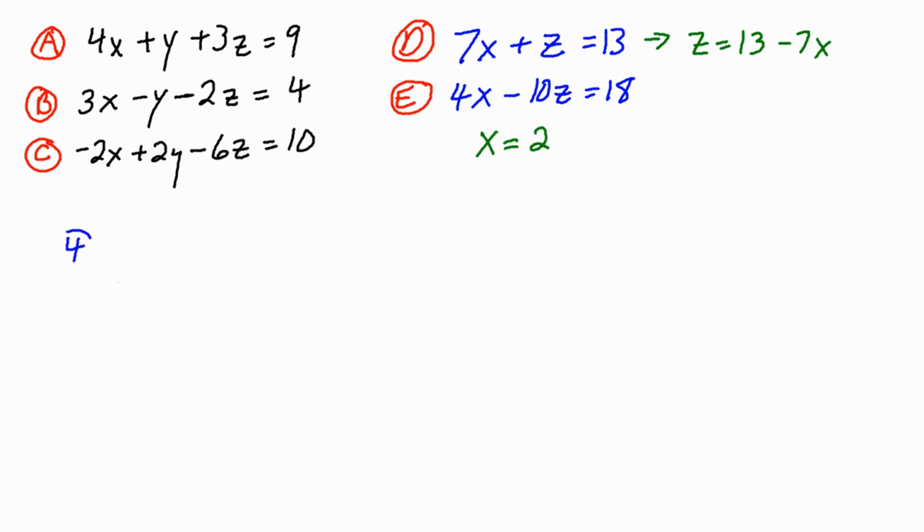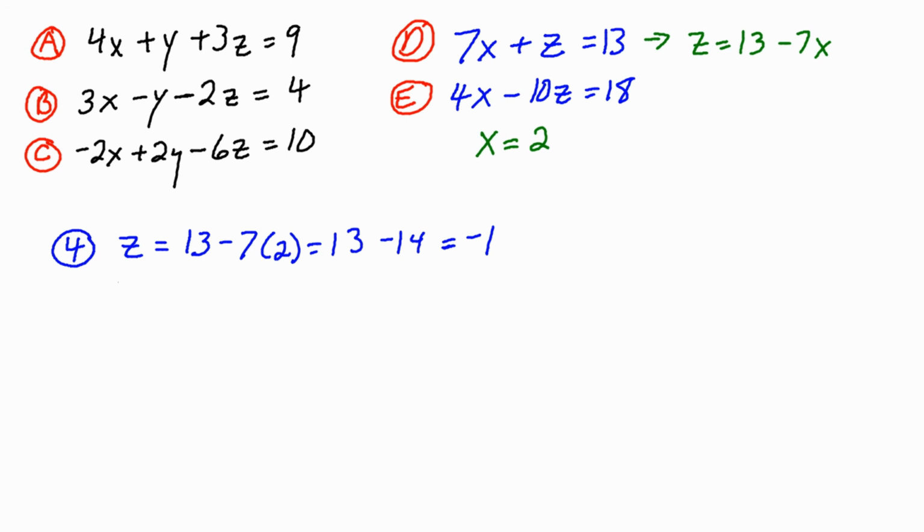So for step 4, I'm going to substitute x into my equation for D. I'm going to use my one solve for z. So when I substitute, z equals 13 minus 7 times 2, which is 13 minus 14, which is negative 1. So z is negative 1.